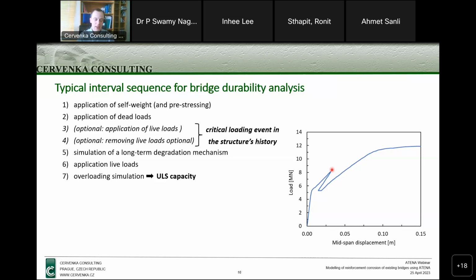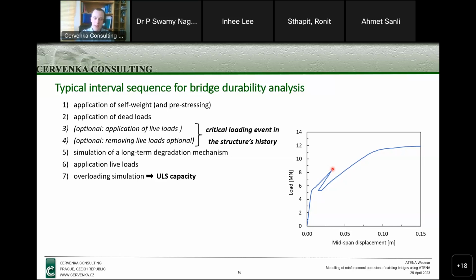However, under this state, the evaluation for the ultimate limit state is normally done.